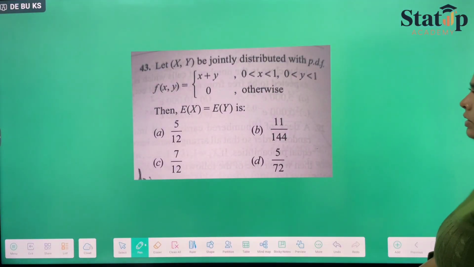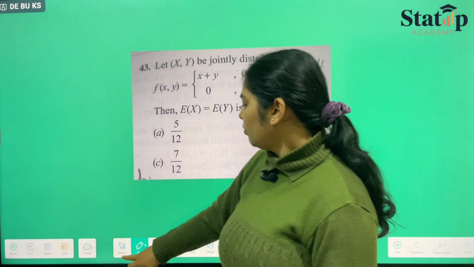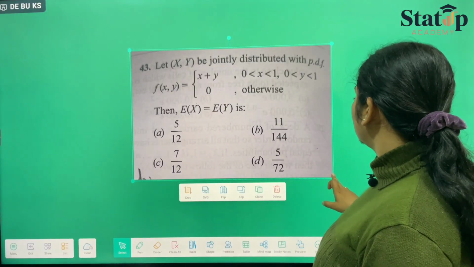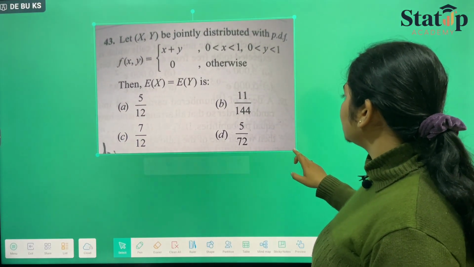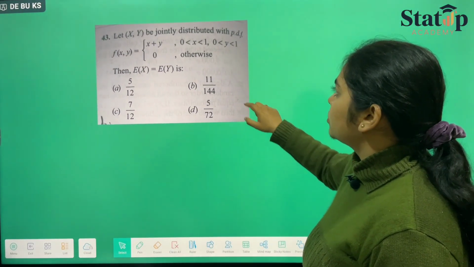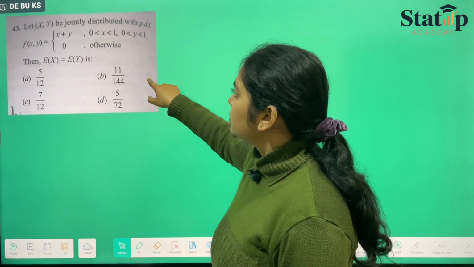So this is the first question, which includes the concept of joint probability distribution function as well.